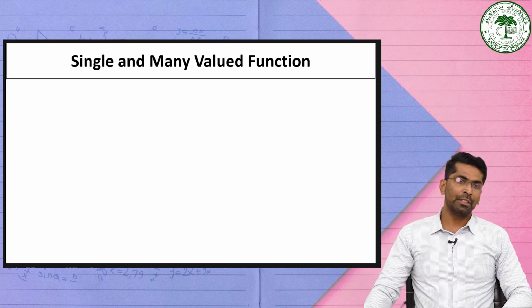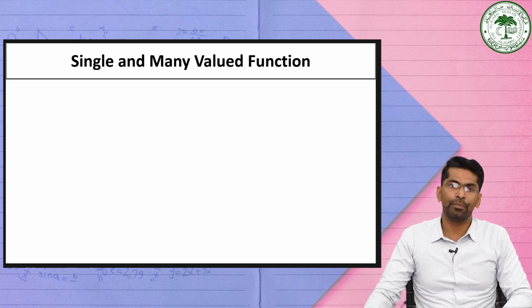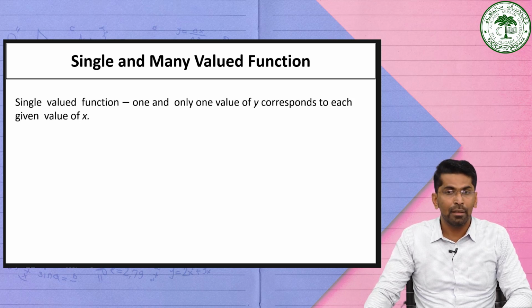Now another type of function is single and many valued function. A function such that one and only one value of y corresponds to each given value of x is generally known as a single valued function.